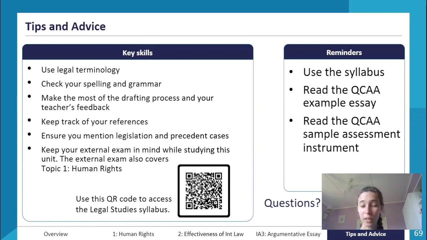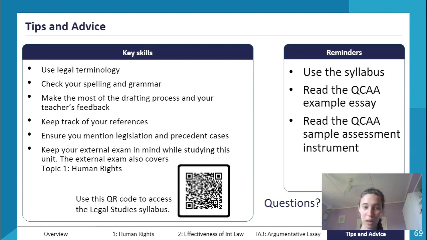It's not your ability to analyze and evaluate and all of those things. So definitely check your spelling and grammar. Read it multiple times, and also take on any feedback from your teacher as well, who might point out errors too.